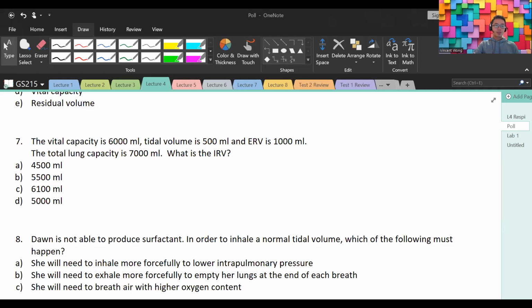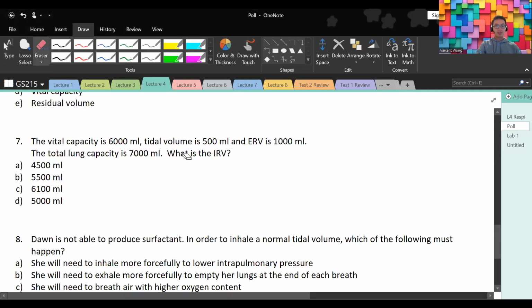Let's take a look at this. Vital capacity is 6,000. Tidal volume is that, and so on and so forth. What is the IRV? The formula we have to use is vital capacity, which is the total volume of air that you can move in and out by yourself. It's IRV plus tidal volume plus ERV.